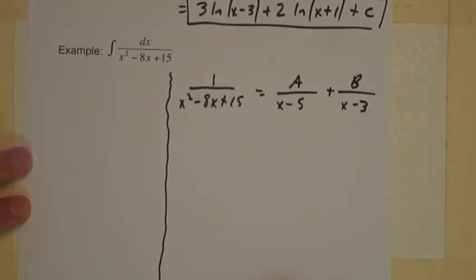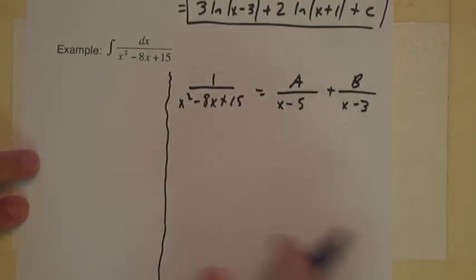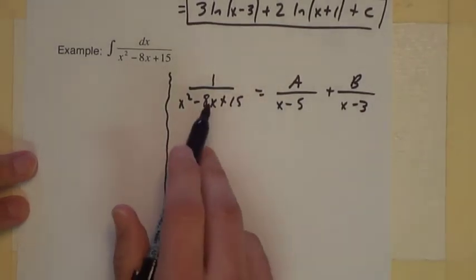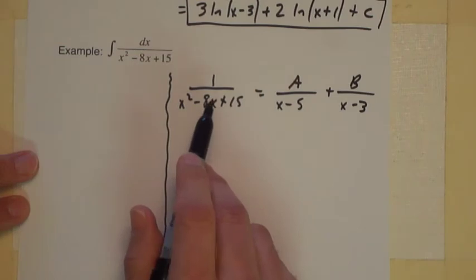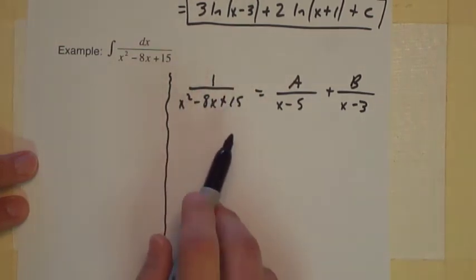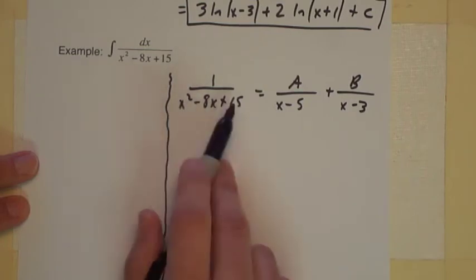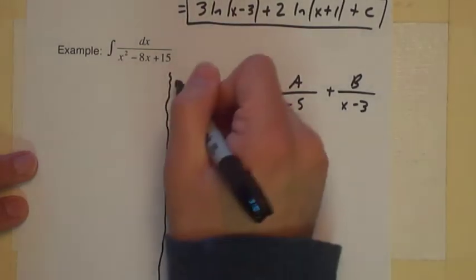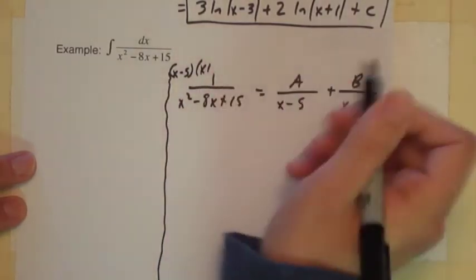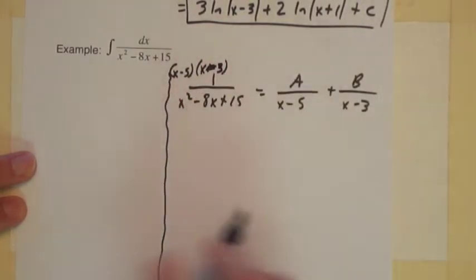as denominators. So our next step is to clear the denominators from this equation. So let's multiply this left side by the common denominator, which is x minus 5 times x minus 3. If we do that, so I'll squeeze that up here, x minus 3, sorry, that should be a minus sign.